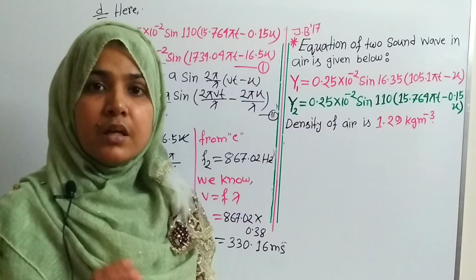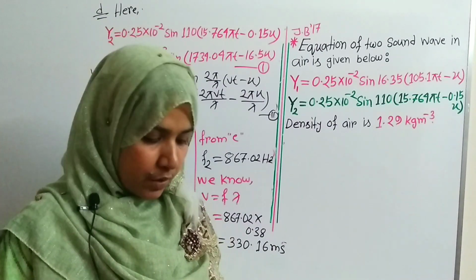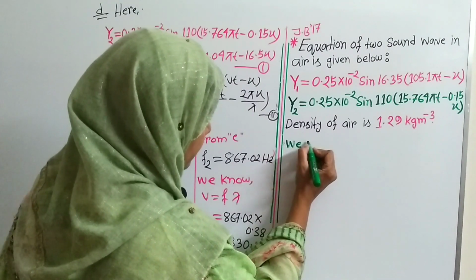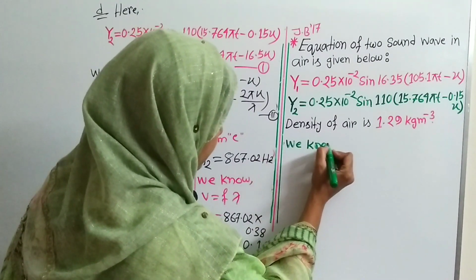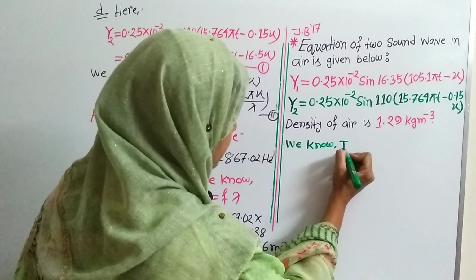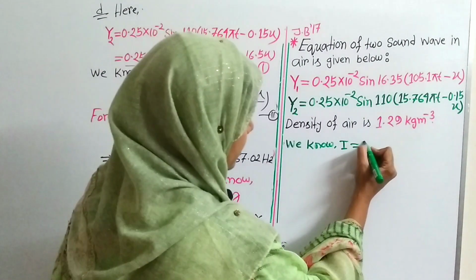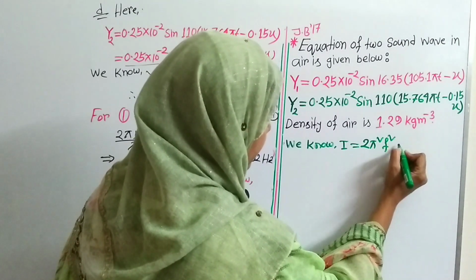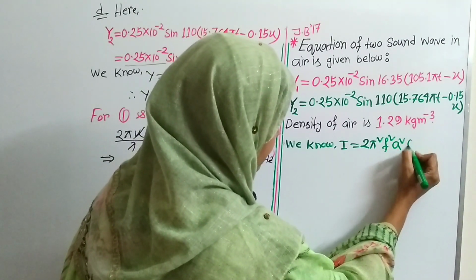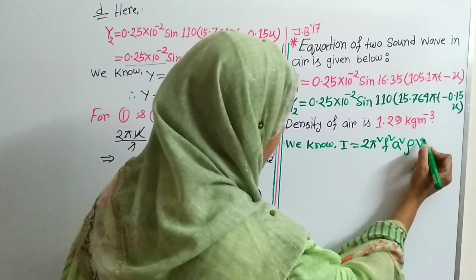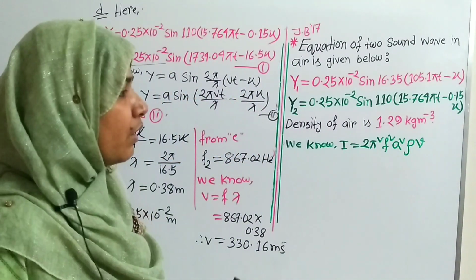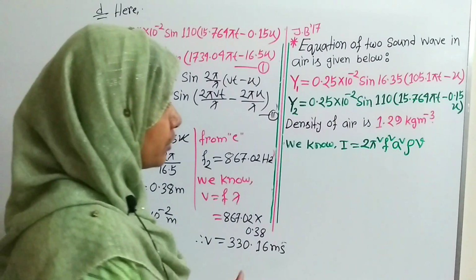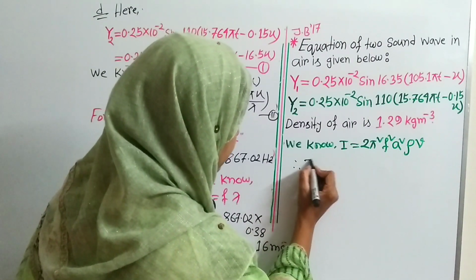We know that to calculate the intensity of sound, the formula is I is equal to 2 pi square f square a square rho v. Now we know all the information, so I am going to put all the values here.